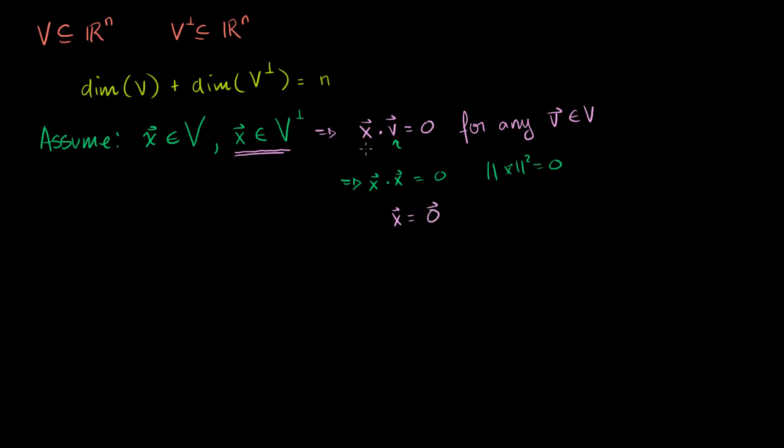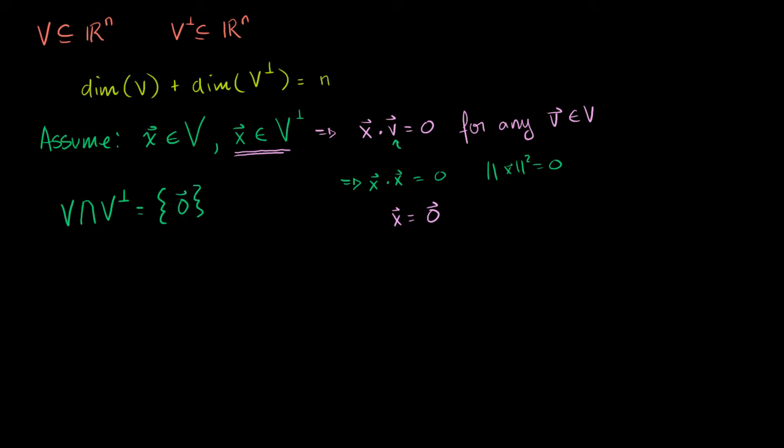That's the only vector in Rn that when you dot it with itself, you get 0, or the square of its length is equal to 0. And we've shown that many, many, many videos ago. So what this tells us is that the intersection between V and V complement, this kind of upside down U just means intersection, it just means where do these two sets overlap? The only place that these overlap is with the subset of the 0 vector.